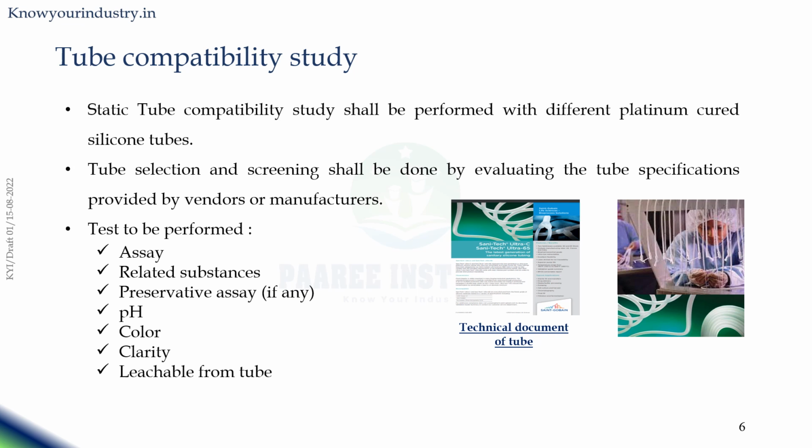You can also check with a vendor how this tubing needs to be selected and what characteristics are required to be studied for your product, because the manufacturer also performs a tubing extractable study that would help you to understand how this tubing has been characterized at their facility.